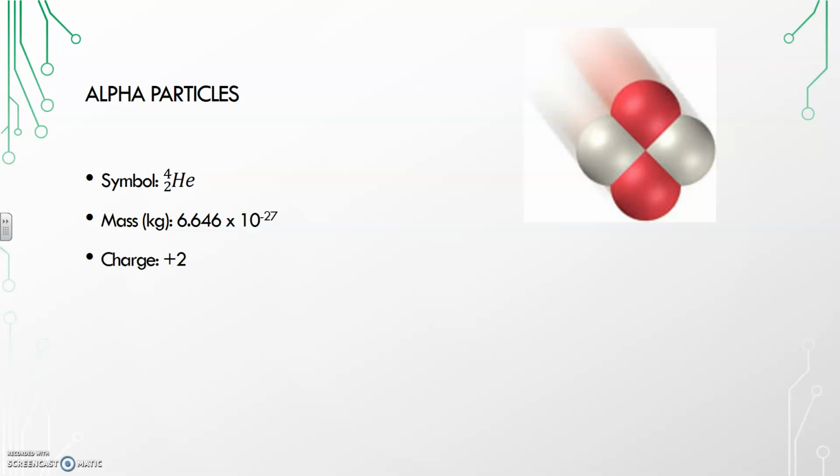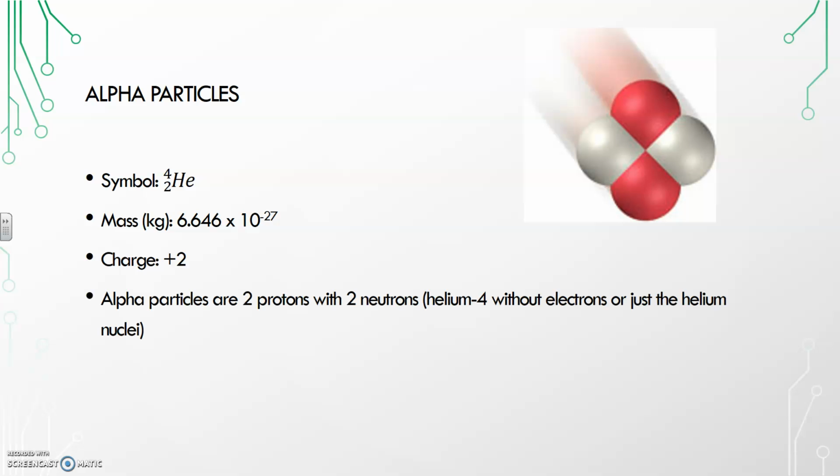It does also have a positive 2 charge, so that positive 2 can start interacting with things. And then alpha particles, again, are 2 protons, 2 neutrons. So a helium-4 atom, which has 2 protons, 2 neutrons, without electrons, is the same as an alpha particle. It's basically just the helium nuclei.